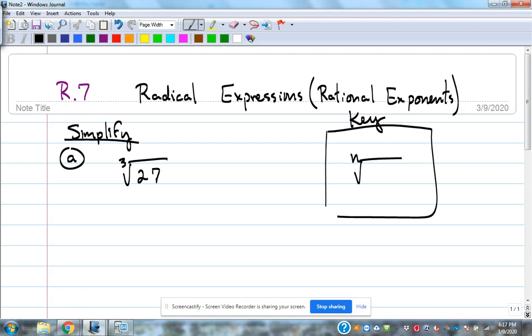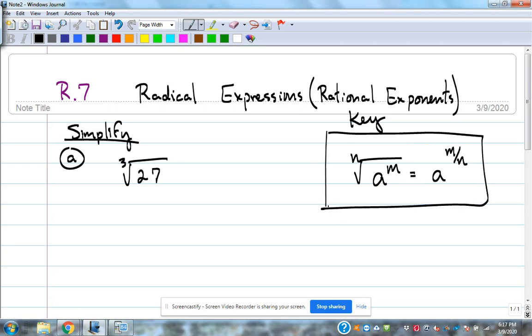Whatever number is right there, and then you're going to have something with an exponent on the inside. The key to this is that can be rewritten like that. You can rewrite a root as a rational exponent or rewrite a rational exponent as a root.